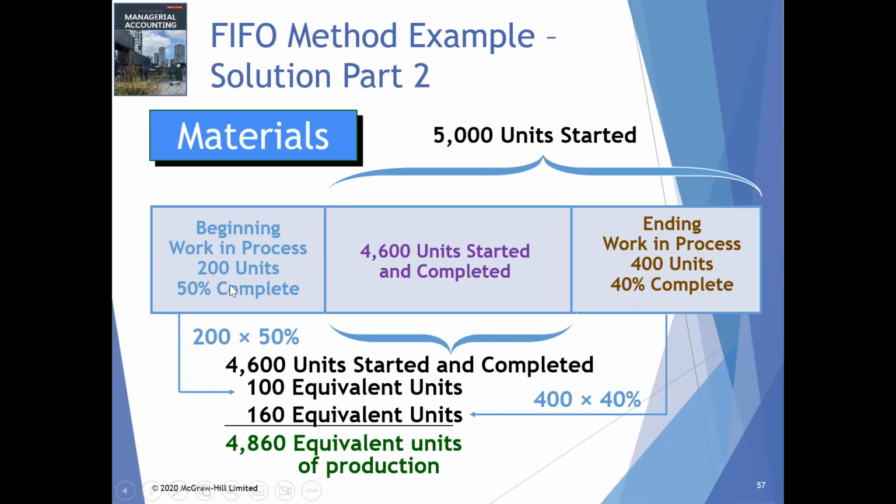It means 4,600 units that were totally completed, plus 100 units which we have taken from the beginning work in process, and 40% that we have taken from the ending work in process. So 40% on the 400 units is 160, and the total will be 4,860 equivalent units of production. You can see it here.